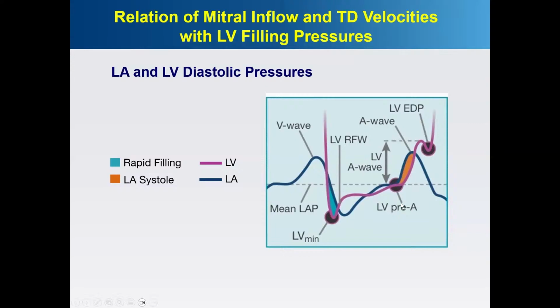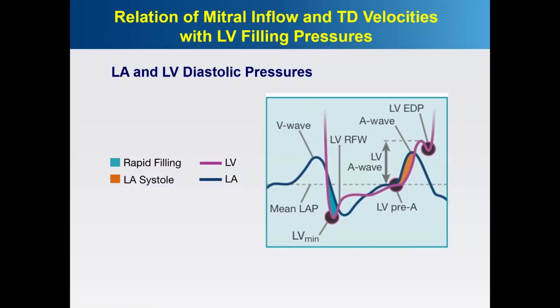The ventricular plateau pressure before the rise in pressure due to atrial contraction is referred to as pre-A pressure, the pressure that precedes the increase in the pressure of the ventricle during what we refer to as the A wave. The pressure at end diastole is the end diastolic pressure.